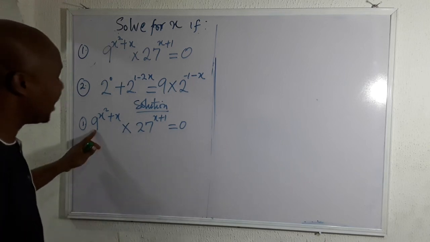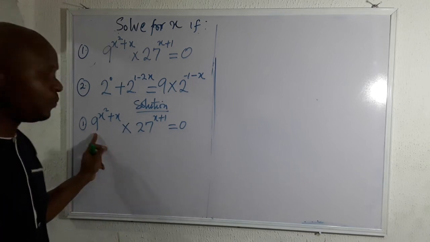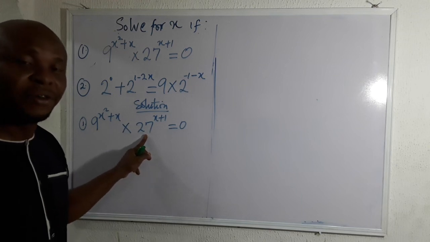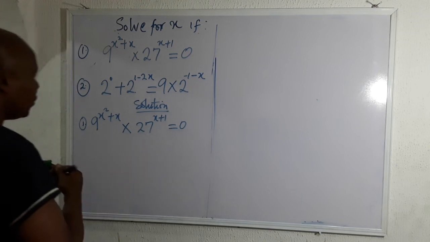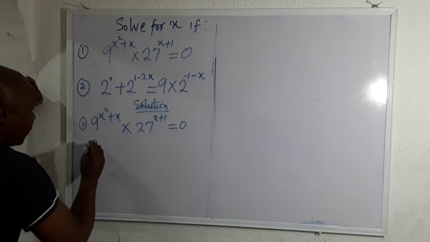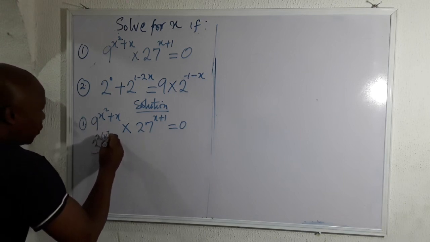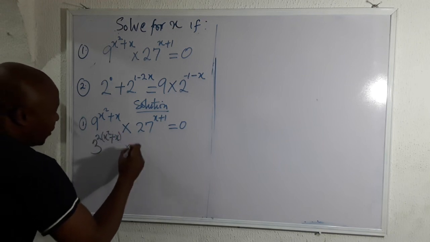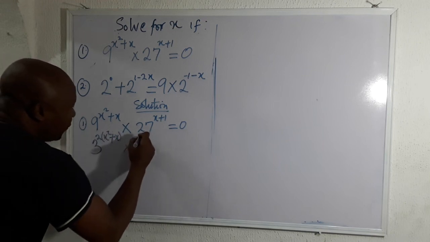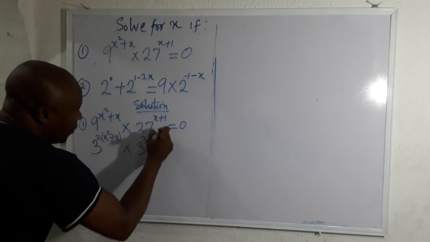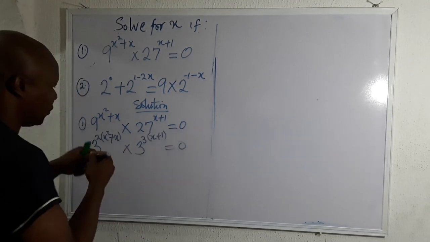We can express 9 as 3 raised to power 2, 27 as 3 raised to power 3. So that would be 3 raised to power 2 into the power x squared plus x times 3 raised to power 3 into x plus 1, and that will be equal to 0.